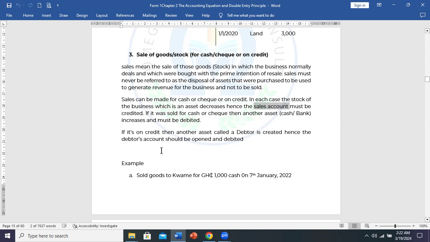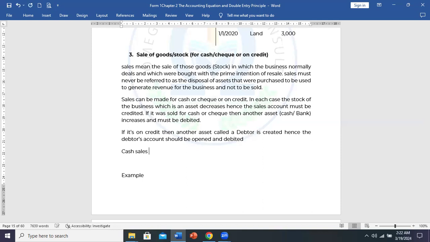So please, let me do these summaries here so that you understand. We are saying we can have two types of sales, which is cash sales. Cash sales means that you sold the goods and you took cash or check. So in that case, you open your sales account, which is acknowledging the decrease in asset stock.